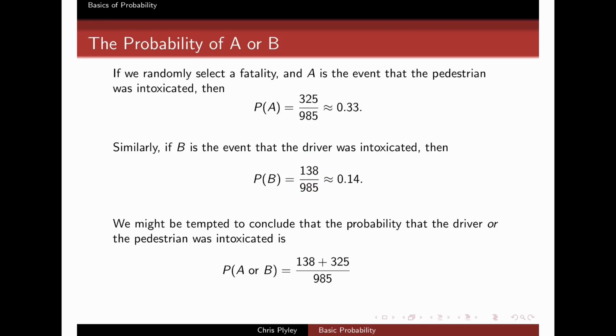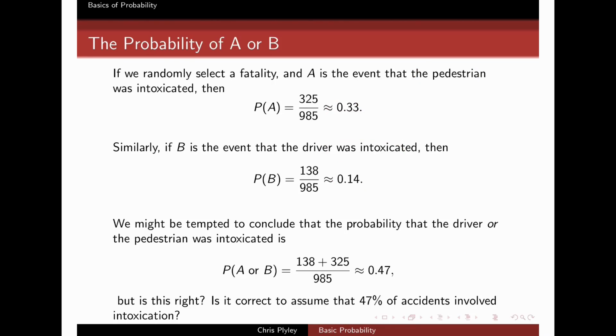So what's the probability that either the driver or the pedestrian was intoxicated? Now, you might be tempted to say, well, 33% of the time the pedestrian was drunk, 14% of the time the driver was drunk. So the probability that either of them was drunk was probably 33 plus 14 is 47.